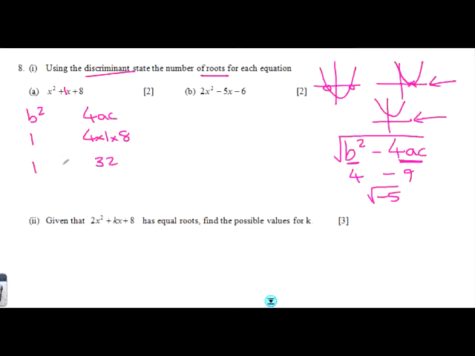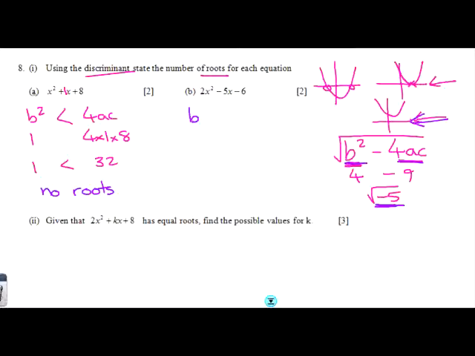So you can see here 1 is less than 32, so b squared is less than 4ac. So this number here is less than that, and therefore exactly the same as this example here, it'd be a negative. We can't do that, so it's not going to cross the x-axis, and it's going to have no solutions. So there's no roots, no solutions.